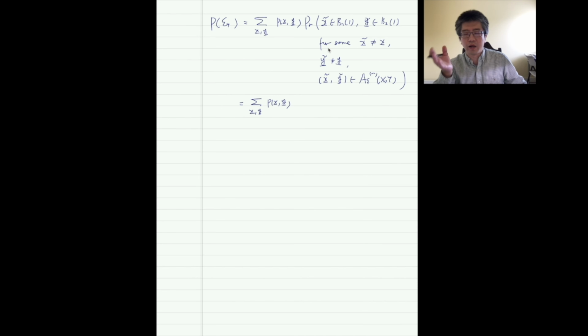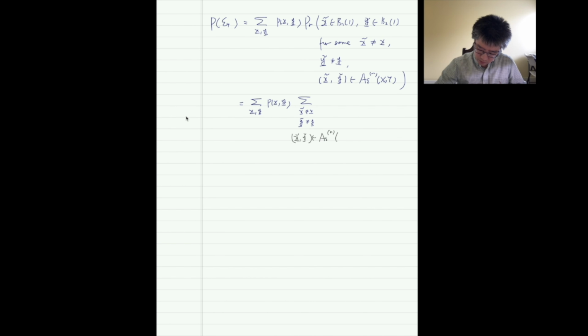Again, we traverse over all the possible x tilde and y tilde, so this is the summation over all x tilde not equal to x and y tilde not equal to y, where x tilde and y tilde are in the joint typical set.